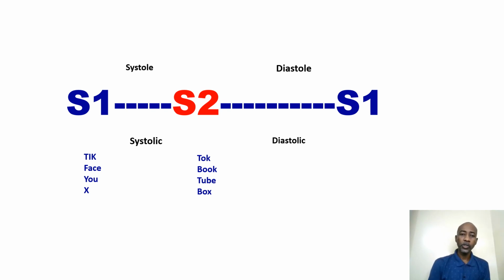So S1, S2, tick tock. S1 tick, S2 tock. S1, S2, Facebook. S1, S2, YouTube. S1, S2, Xbox. So it's just an easy way. You can always come up with your own version that suits you to memorize it better.